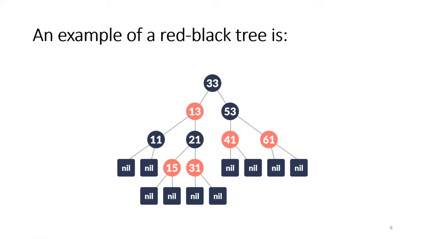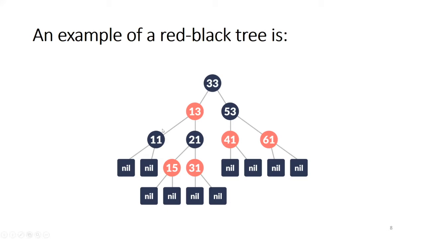And what is the depth property? Now, in order to count the depth property, we'll not count the root node. We'll count from here. Let's say we go from 33 to this left nil node. To get how many black nodes we pass, we just count that: 1, the node 11, and the nil node.